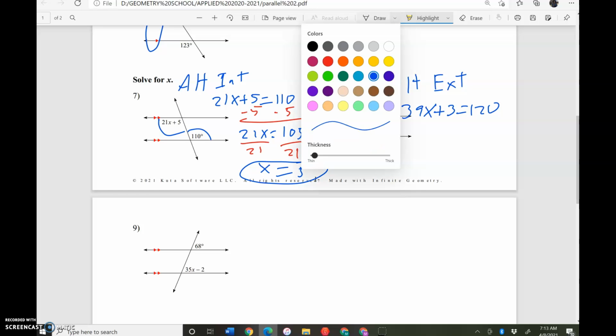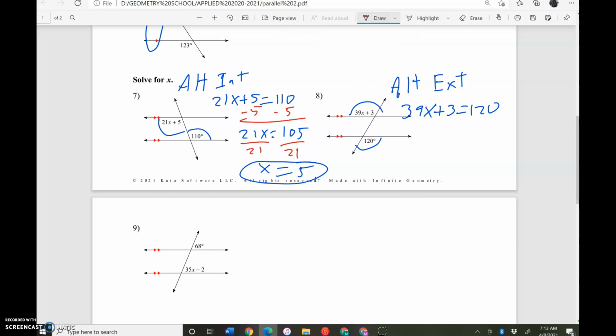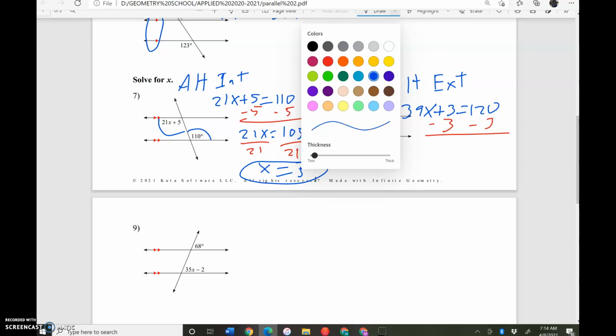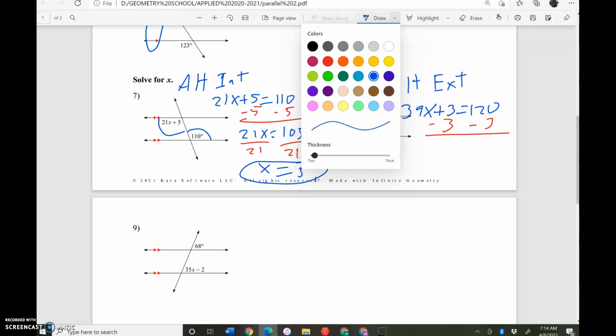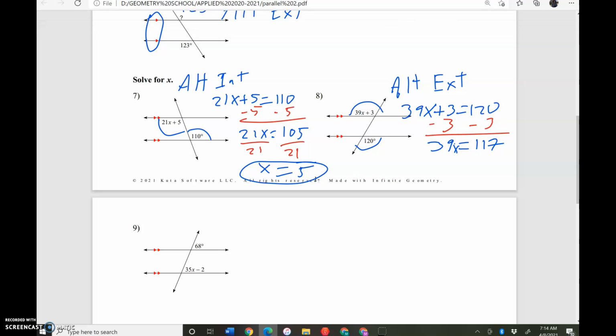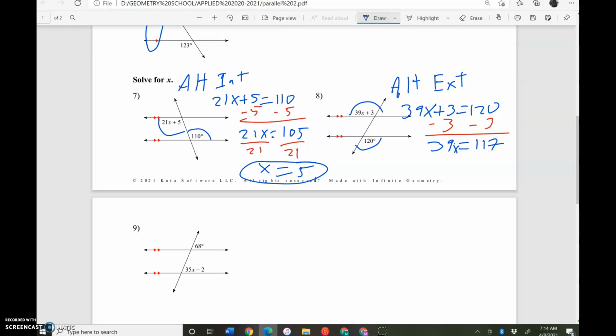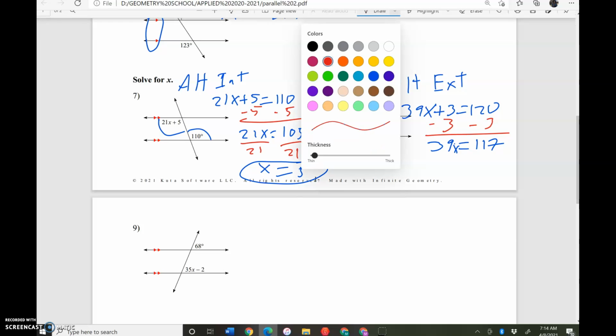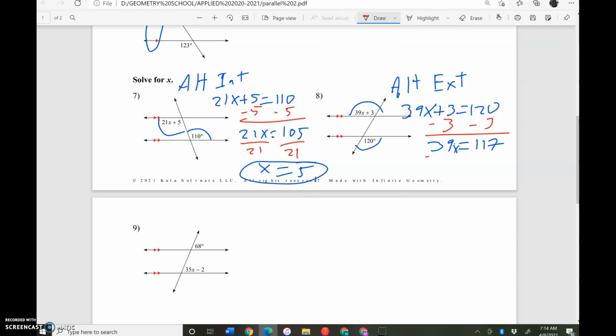So I can go ahead and solve for x. I can subtract 3 from both sides. So that leaves me with 39x is equal to 117. Then I can divide both sides by 39.